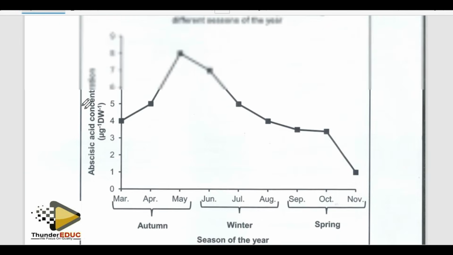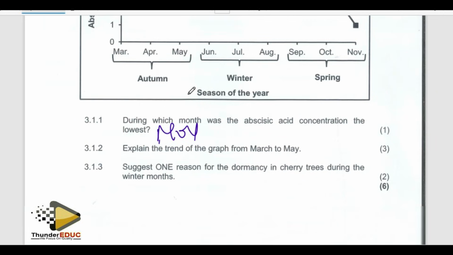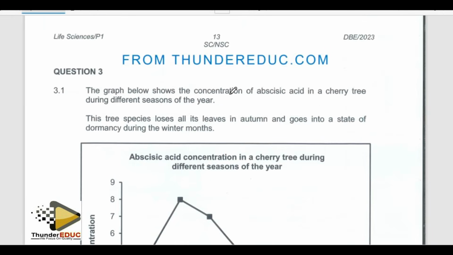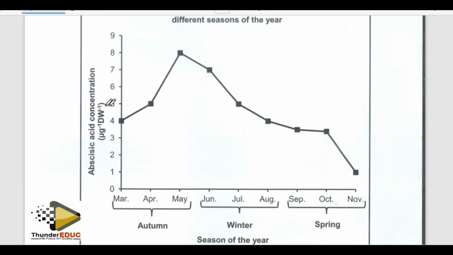Yes. From March to May, there is an increase in the concentration of abscisic acid. Why? Because, don't forget, as they say, abscisic acid concentration, different seasons of the year. This tree loses all the leaves during autumn, meaning that the abscisic acid is the one which is important for shedding of the leaves. So why does it increase?